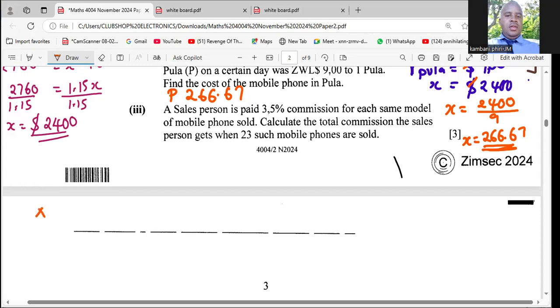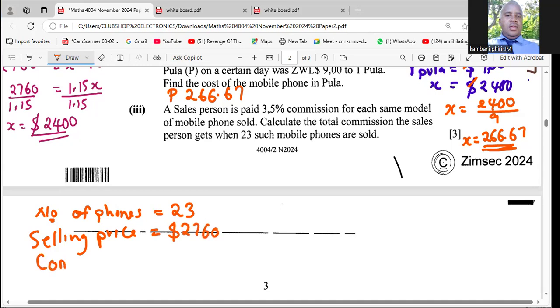The number of phones, 23. Selling price is 2,760. Commission is at 3.5%.